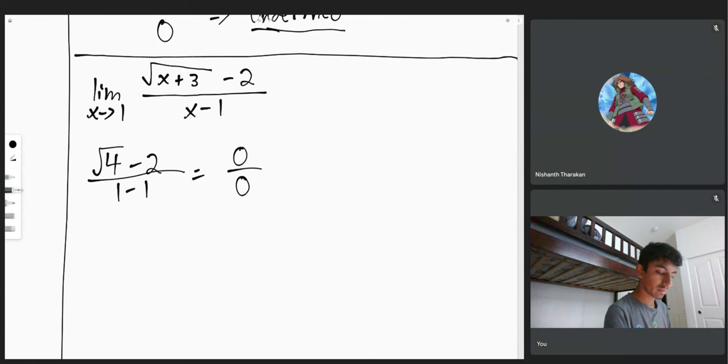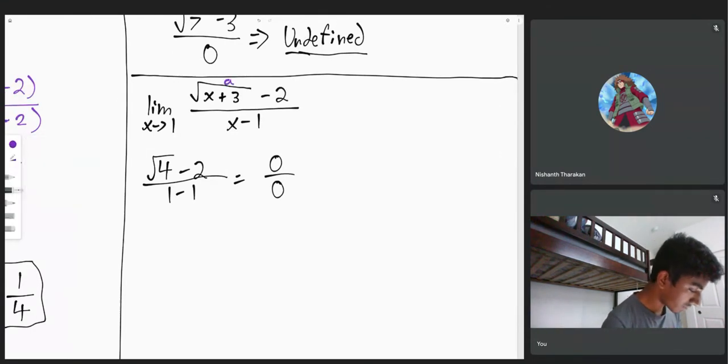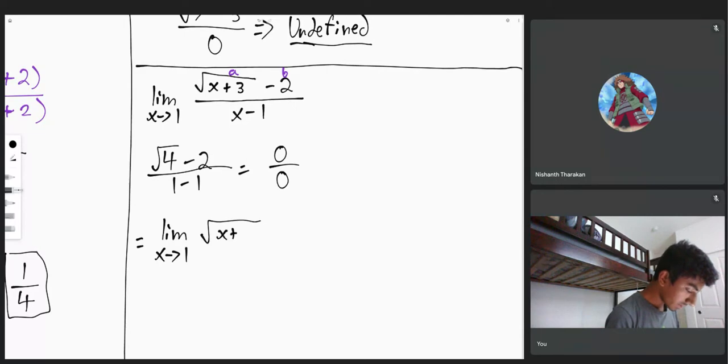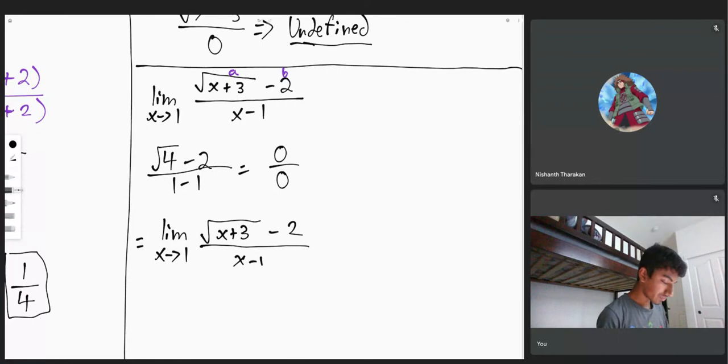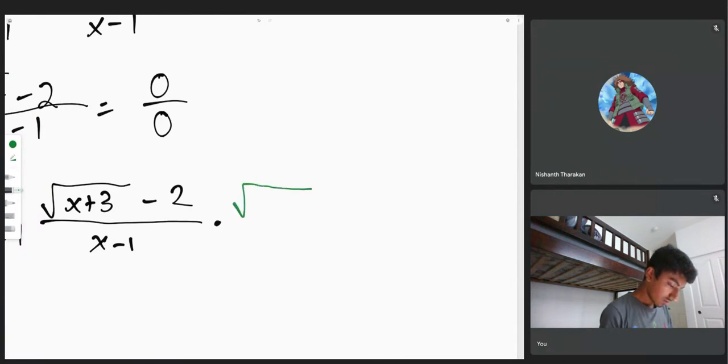Or if it was a different problem and we got 0 over 0, we could try using factoring. So let us try our conjugation again. As before, this is a, this is b. We have the limit as x goes to 1 of root x plus 3 minus 2 over x minus 1, times root x plus 3.